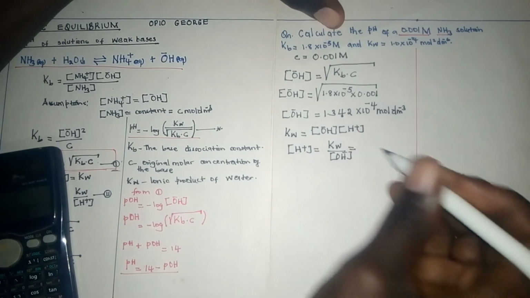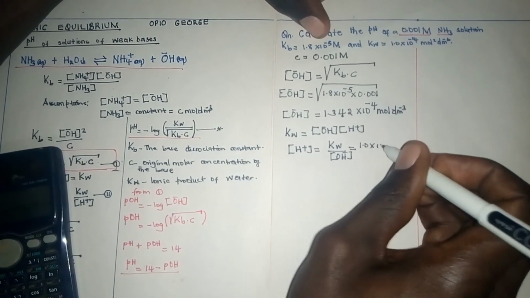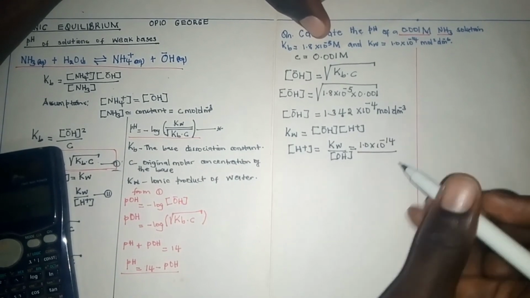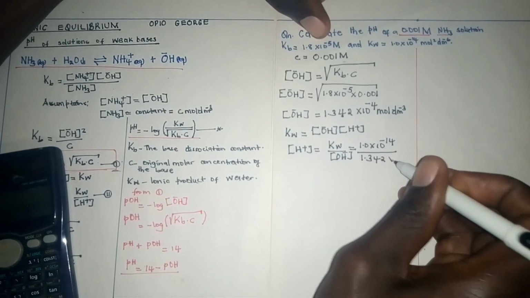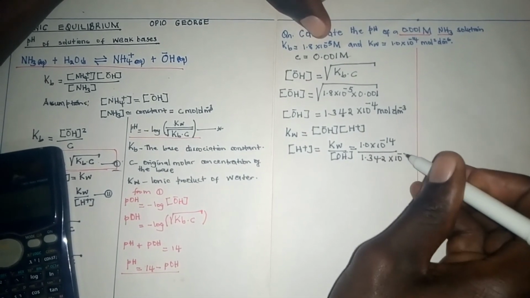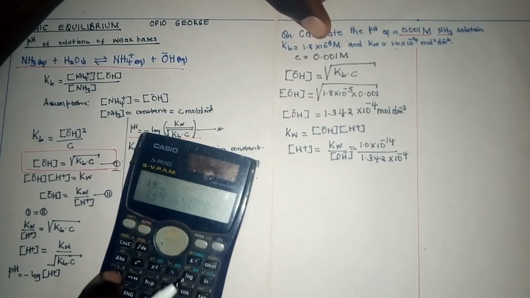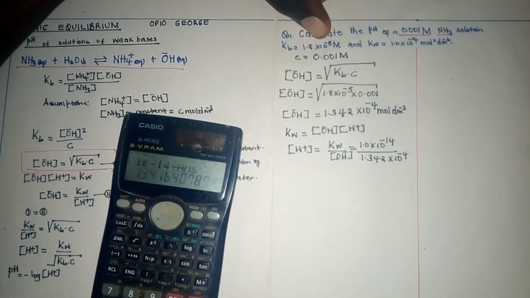We substitute for this. Kw is 1.0 exponent negative 14. This divided by 1.342 exponent negative 4. So we're going to have 1 exponent negative 14 divided by our answer, which is 1.342.